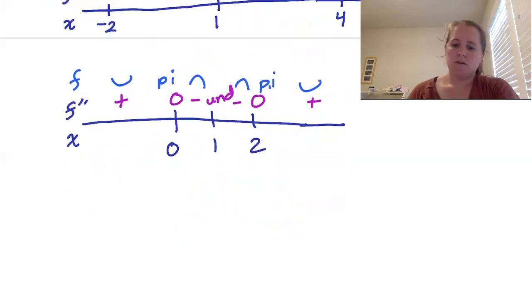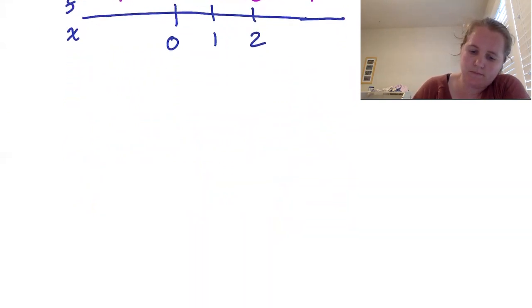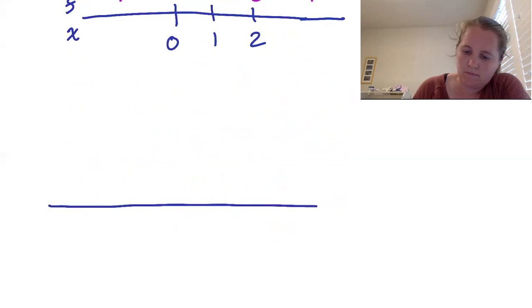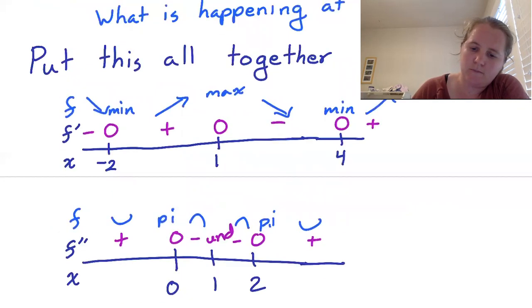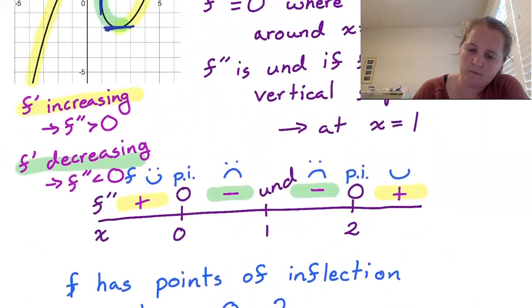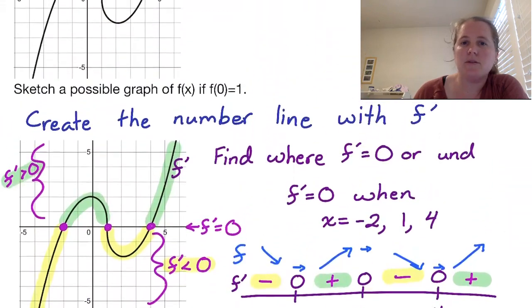So if we draw our graph, we were told that f of 0 was 1 in the original problem statement. Yeah, f of 0 was equal to 1.